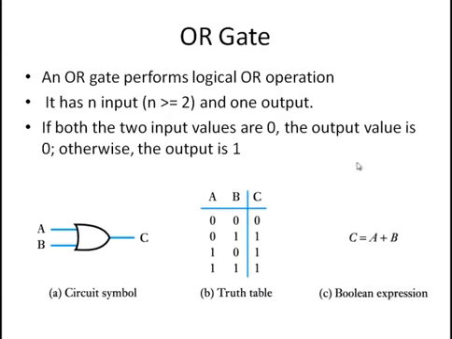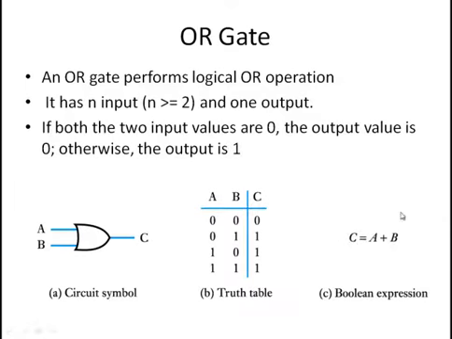Next it is the OR gate. The OR gate performs the logical OR operation, which somewhat resembles the addition process, except for the case where A and B are both 1.